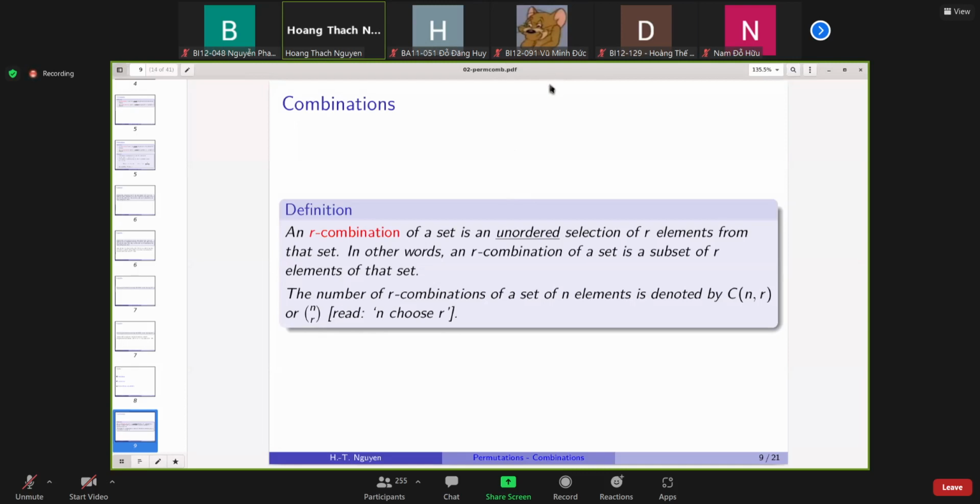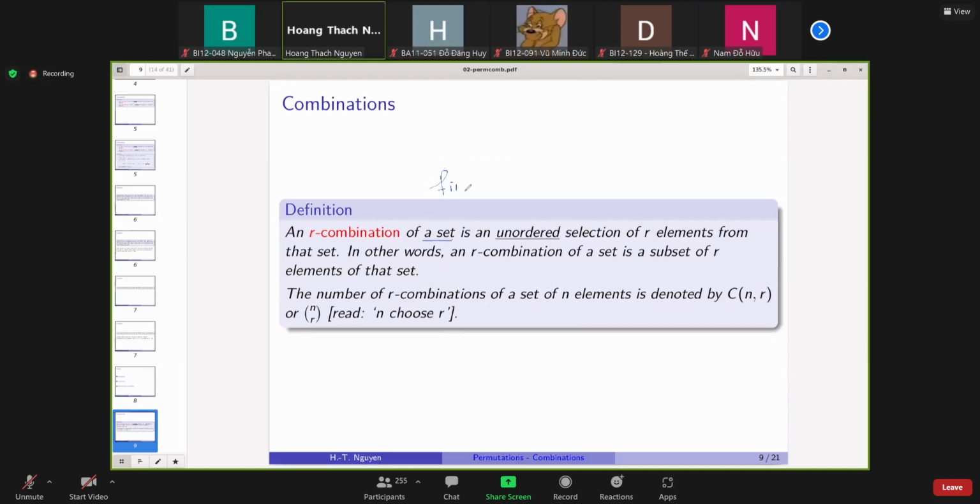So here, as usual, we consider a finite set. Okay. So this set here, we always consider finite.